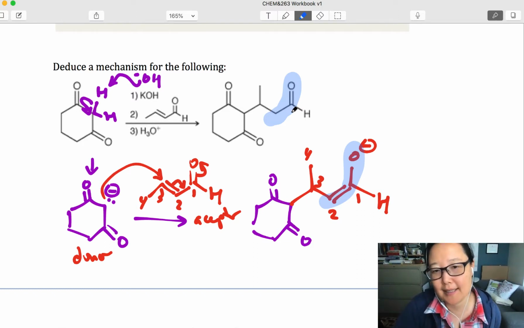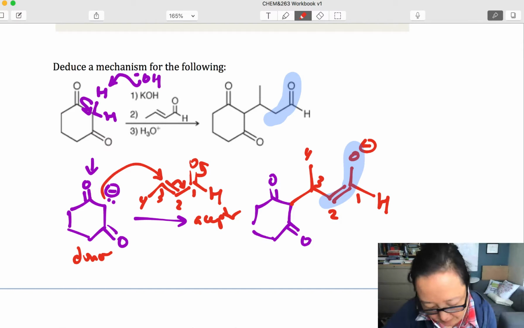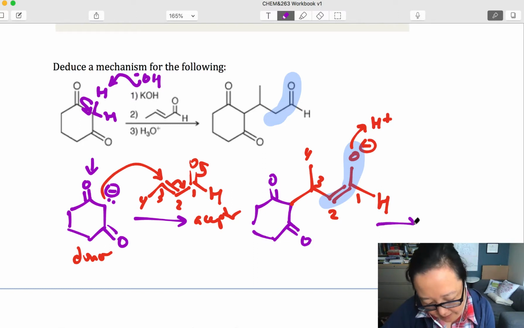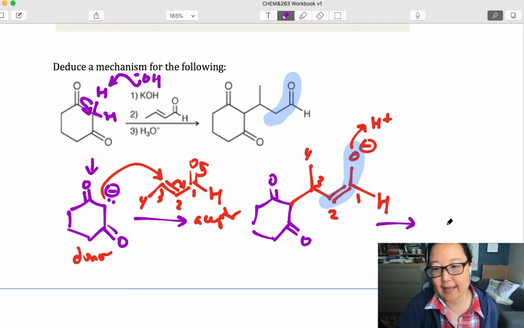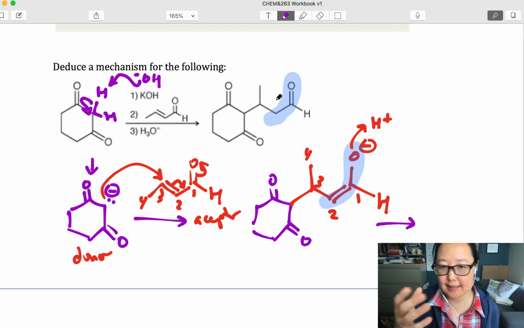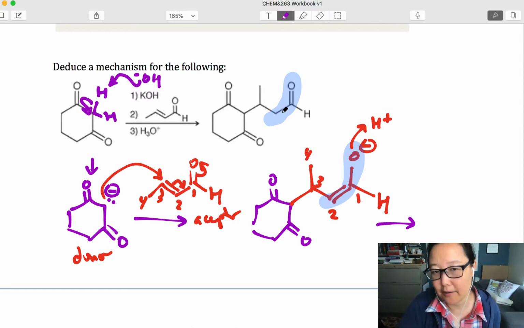Okay, go ahead and pause it and see if you can put an H on here, make that neutral. You have an enol. Okay, we could do that part together if you want. This will grab H plus and we'll have an enol. So then show me what that enol looks like, and show me how in acid that can be catalyzed to a keto form, which gives us our final product.